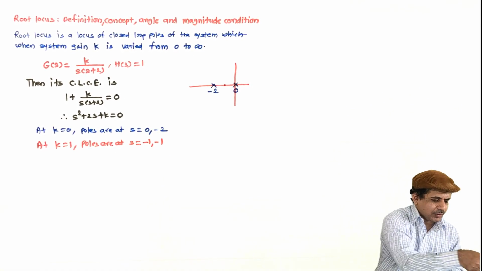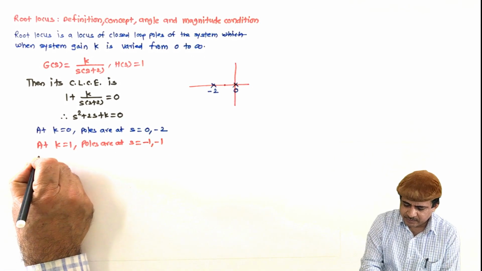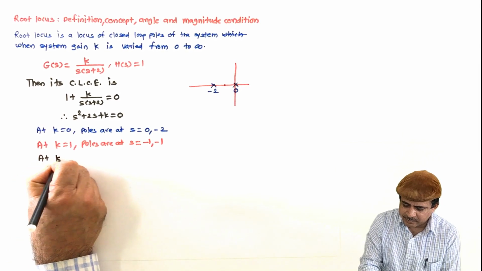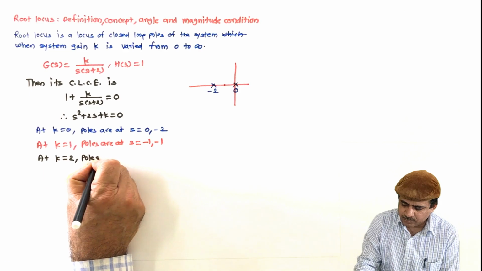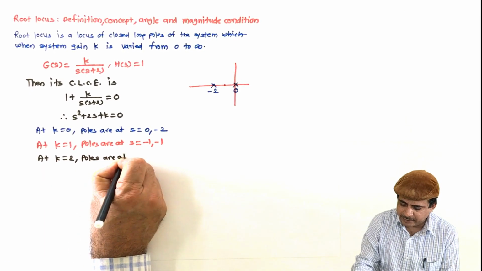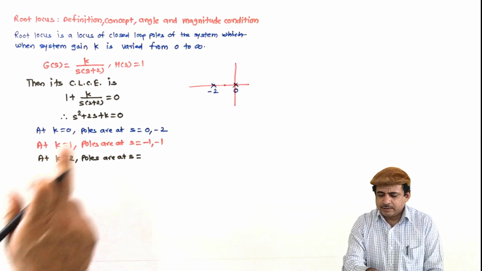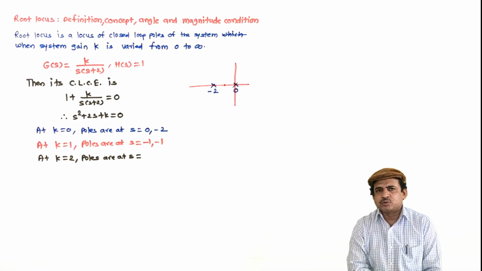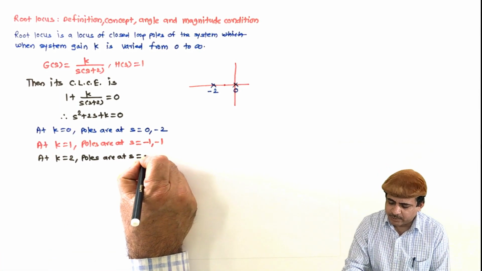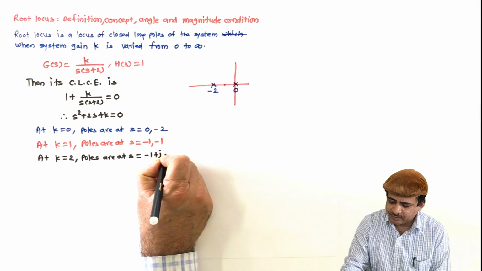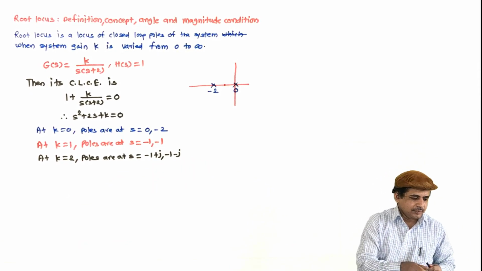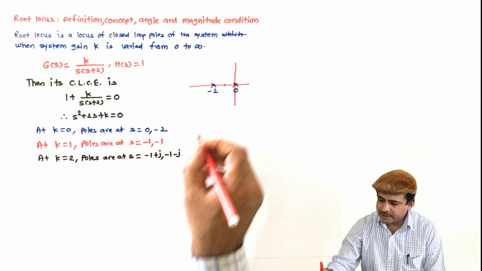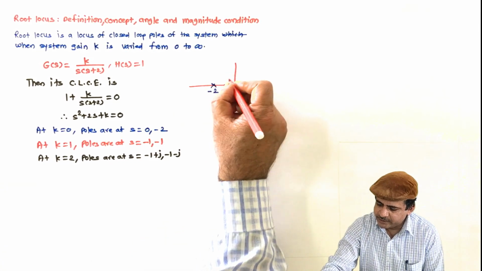Let us do it for one more case. At k equal to 2, it is s square plus 2s plus 2, so the roots are s equal to minus 1 plus j and minus 1 minus j. That is, the poles move towards this.